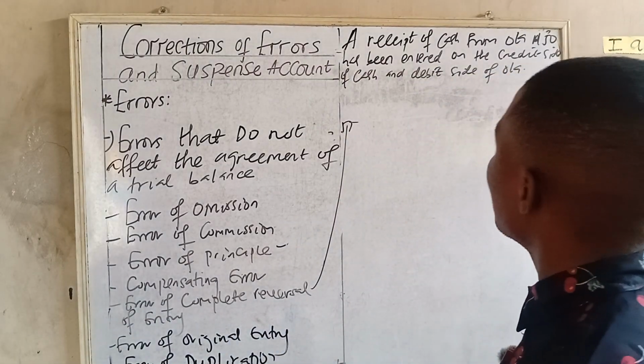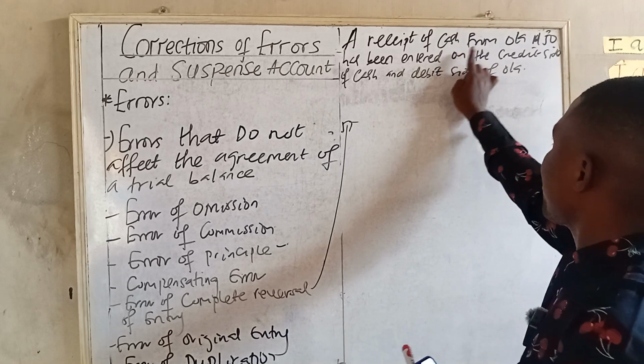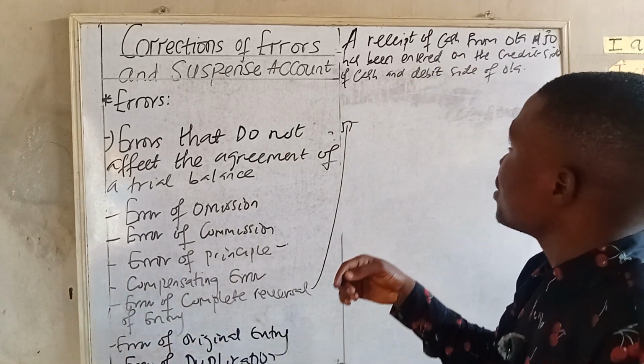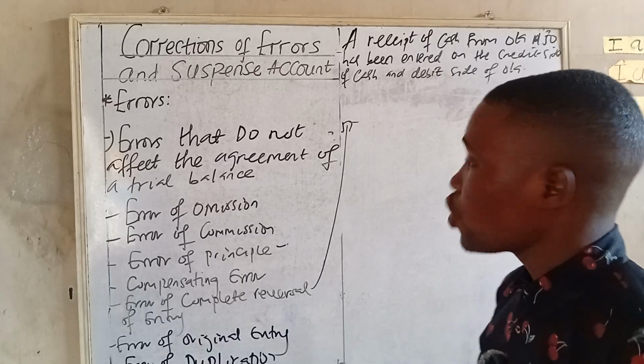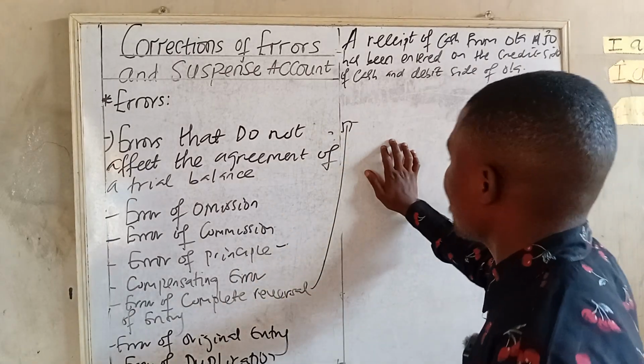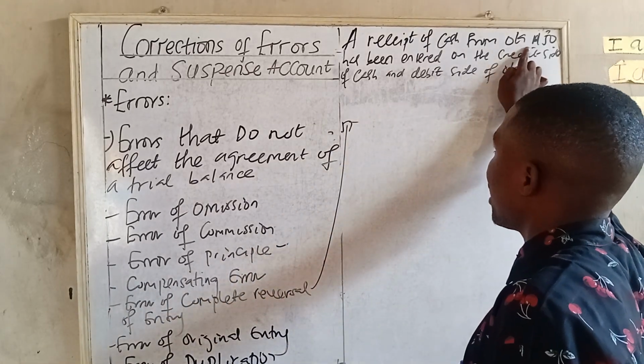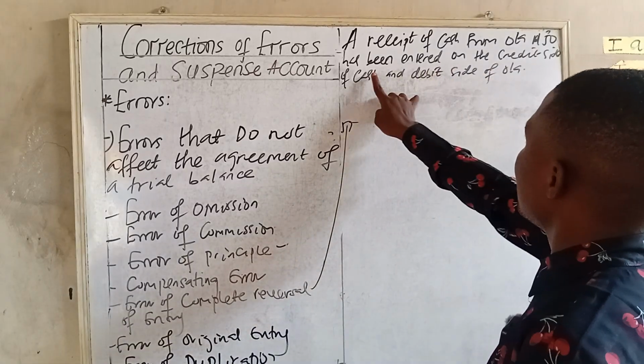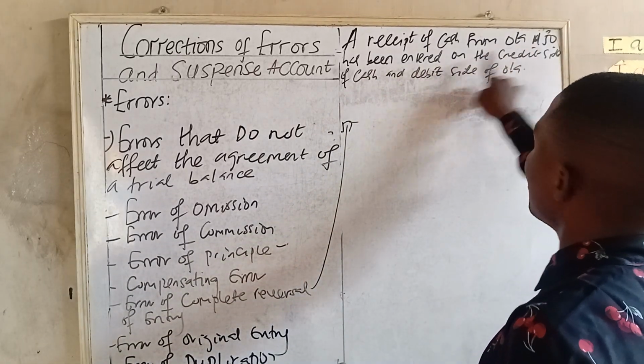See the account now. A receipt of cash from Ola. Ola gave us cash. So normally we are supposed to debit cash, then we credit what? Ola.